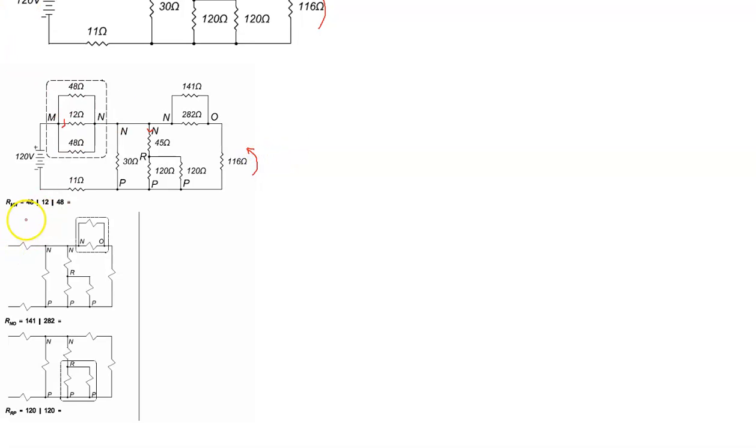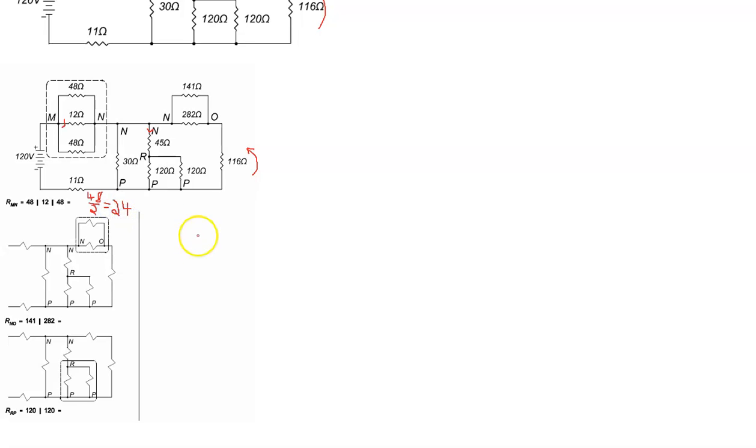Okay, so 48 in parallel with 48. You could do that with the reciprocal formula. 2 48s in parallel is 48 divided by 2, and that gives us 24.